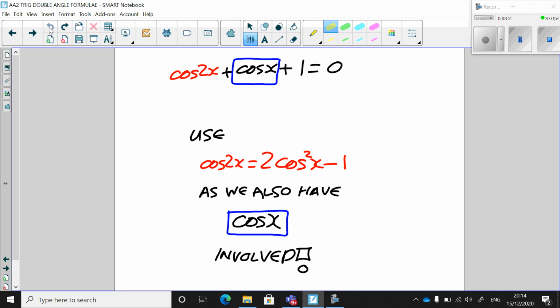We need cosines of single x's, because we're looking for common factors. So I've replaced that there.